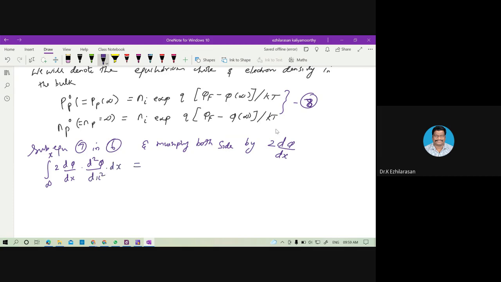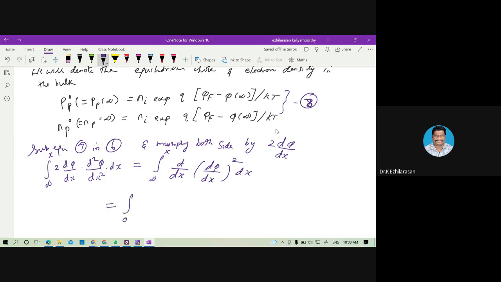I am substituting this in the left hand side as well as the right hand side, both sides. Like we need to integrate from a point deep in the bulk to an arbitrary point, as an example from infinity to x. So this will become d by dx into d phi by dx the whole square into dx.